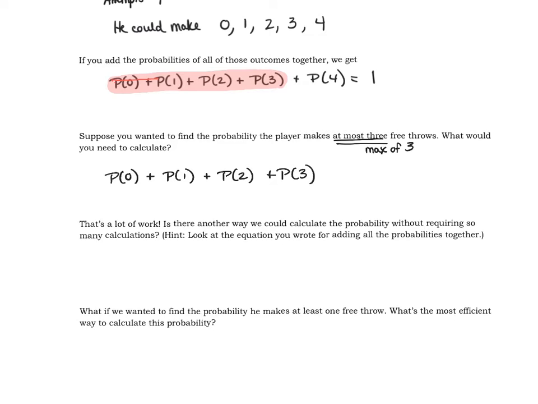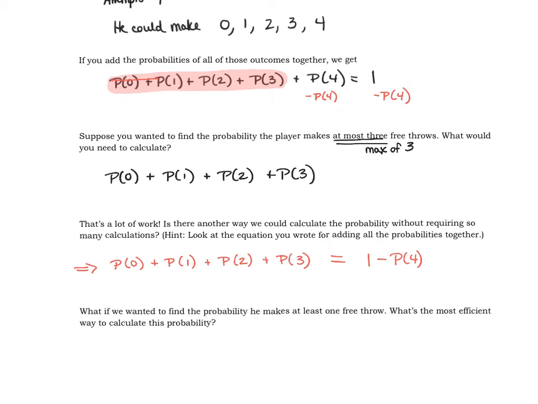Now notice if we subtract the probability of making 4 free throws from both sides of the equation, what we end up with is the following: the probability of making 0 or 1 or 2 or 3 free throws is the same as 1 minus the probability of making all 4 free throws.